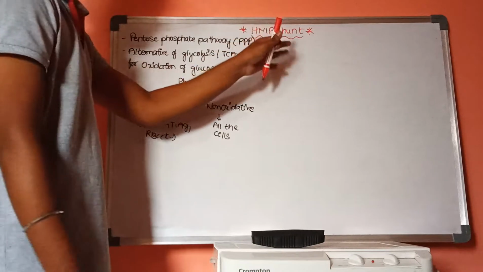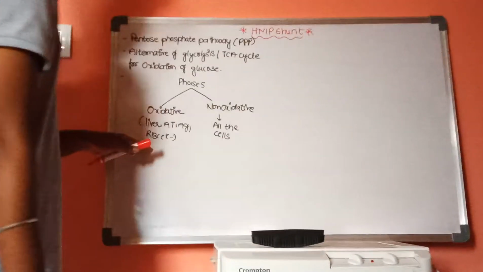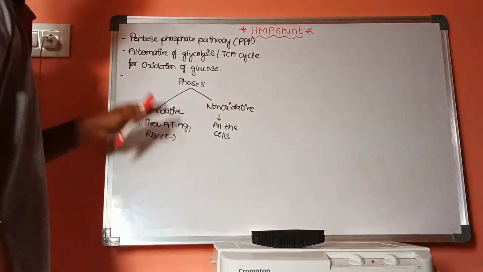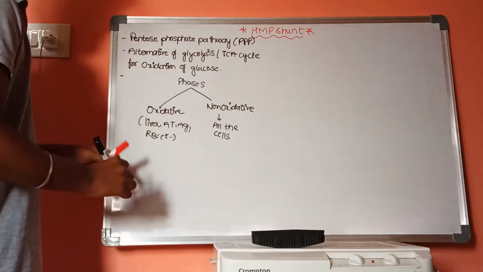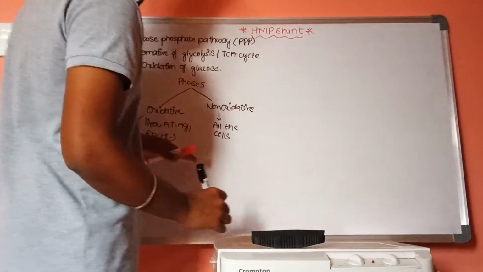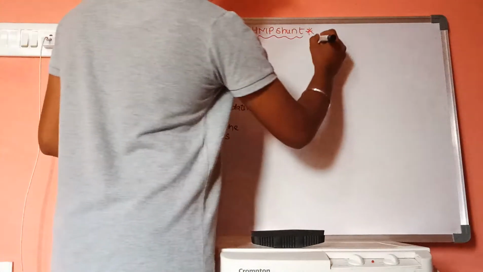In this HMP shunt, the first required substance is a 6-carbon compound, that is glucose.